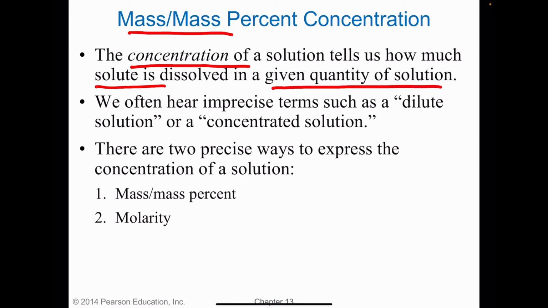We often hear somebody say dilute or concentrated, but if we want to be more specific, we could express the concentration as either a mass percent or a molarity. So we're going to go through example calculations for both of these, mass percent and molarity, in order to express how concentrated a solute is inside of a solvent or inside of a solution.